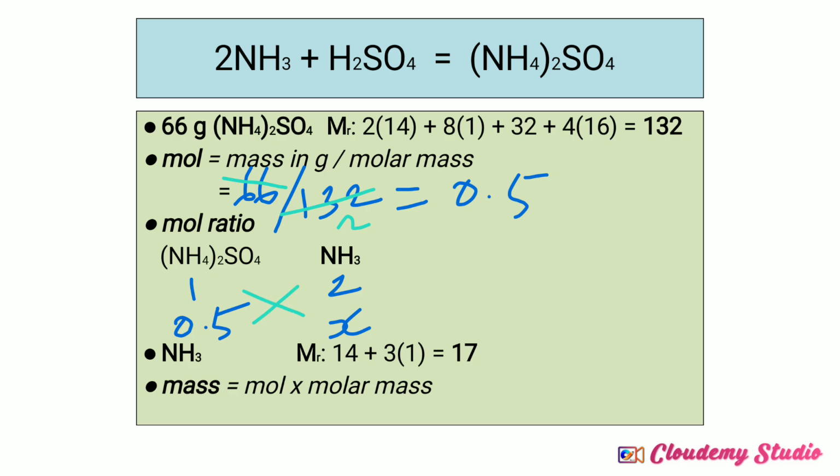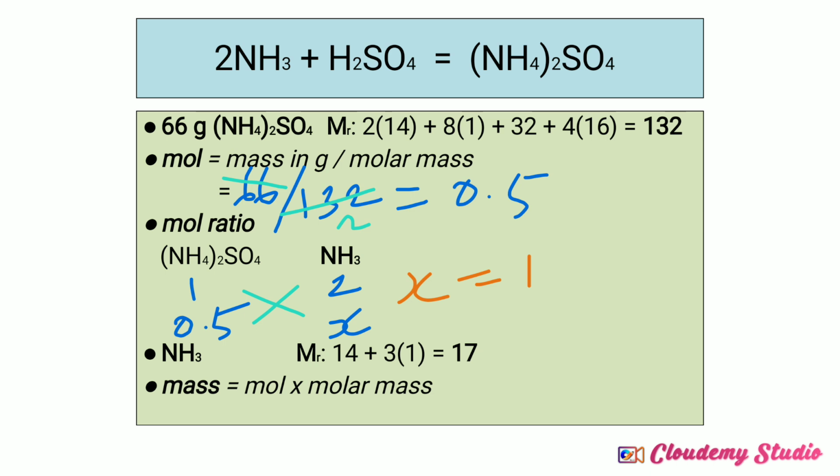We need to cross multiply in order to get the value of X. So X is equal to 2 times 0.5. 2 times 0.5 is equal to 1. So now the next step.